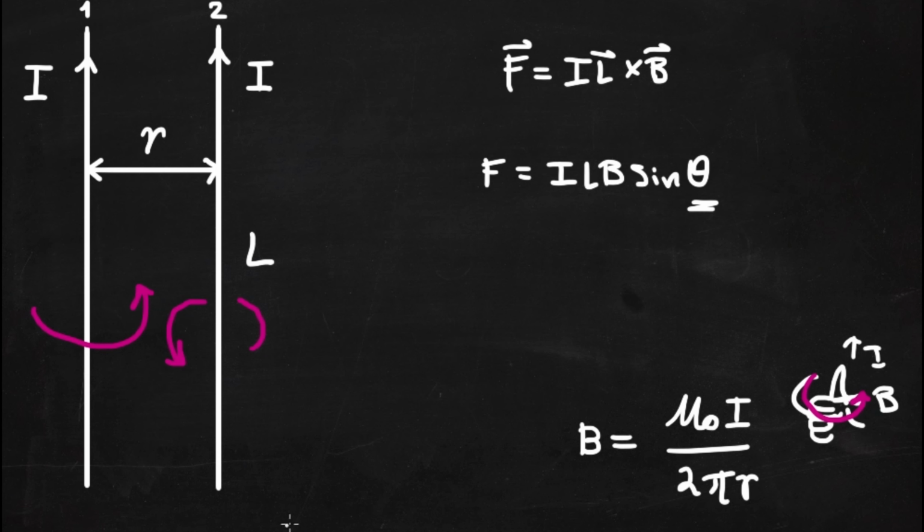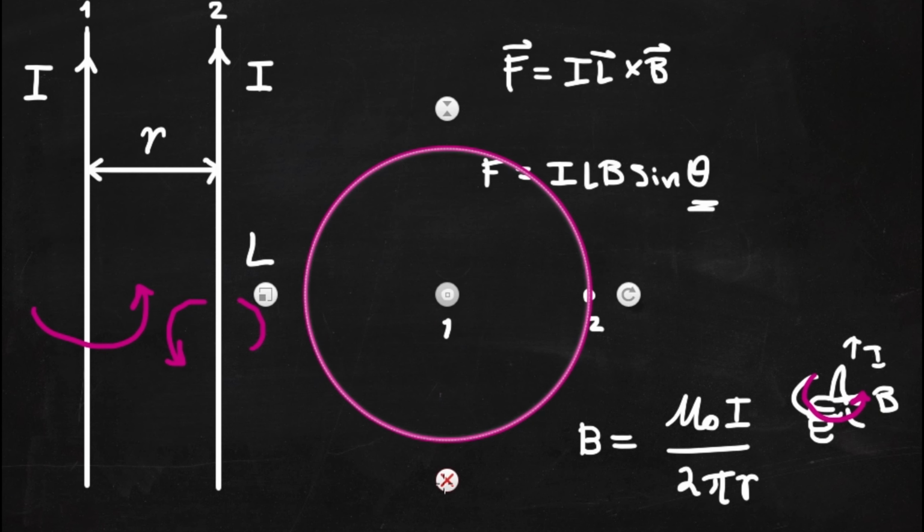Now if we can imagine, instead of looking at the wires straight on, we're going to look down at them, like this. So this is wire 1, and this is wire 2. We'll notice that the magnetic field at the location of wire 2 from 1 is pointing straight upward like this. Or, in relation to the first picture that we had, it points straight back into the board. That means that the angle between L and B is 90 degrees, so the sine of theta becomes 1.